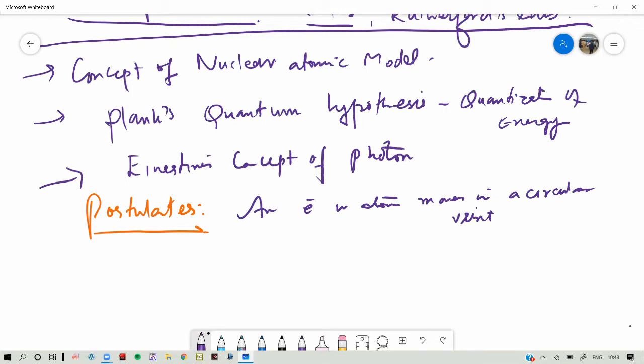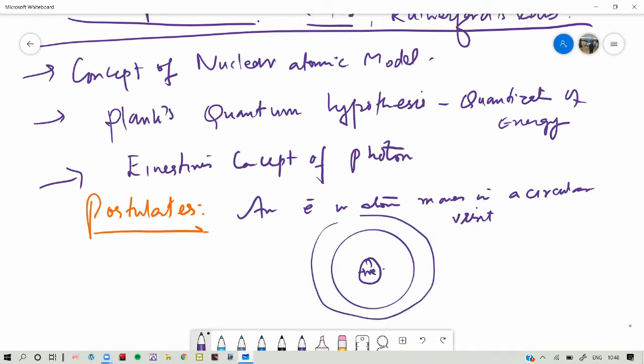That means if we have a nucleus here, it is positively charged. We have some paths outside. If electrons are moving in these orbits, there is a force of attraction between the nucleus and the negatively charged electrons. So this is Q1, Q2. Then you find the force of attraction from Coulomb's law, Q1 Q2 by 4 pi epsilon naught r square.